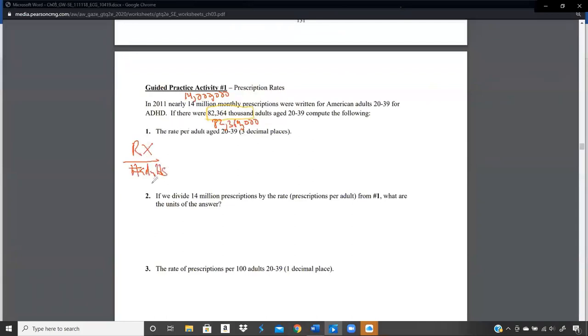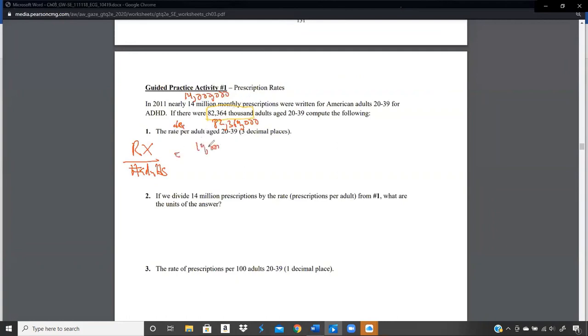Rates are fractions of two different types of units. The rate of prescriptions, they don't actually use the word prescription here, which I think is poor form on their part. So the rate of prescriptions per adult. Well, there were 14 million prescriptions for 82 million adults, so that's what they're asking us to do.